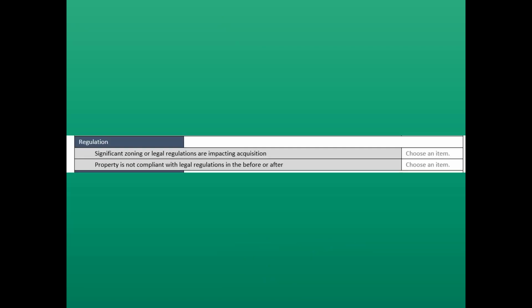The next part of the checklist is regulation. The first question is, are there significant zoning or legal regulations that impact the acquisition? And again, when we choose an item, we've got the same choices: yes, no, not applicable, see comments. The answer is not applicable because, remember, there is no zoning on parcel 10.